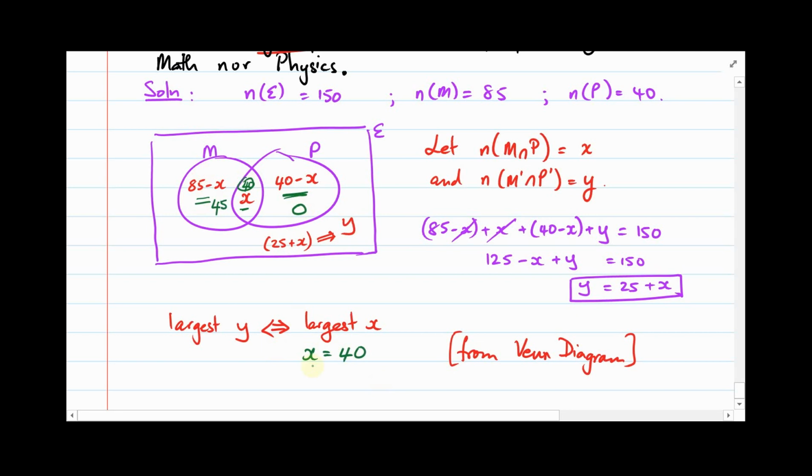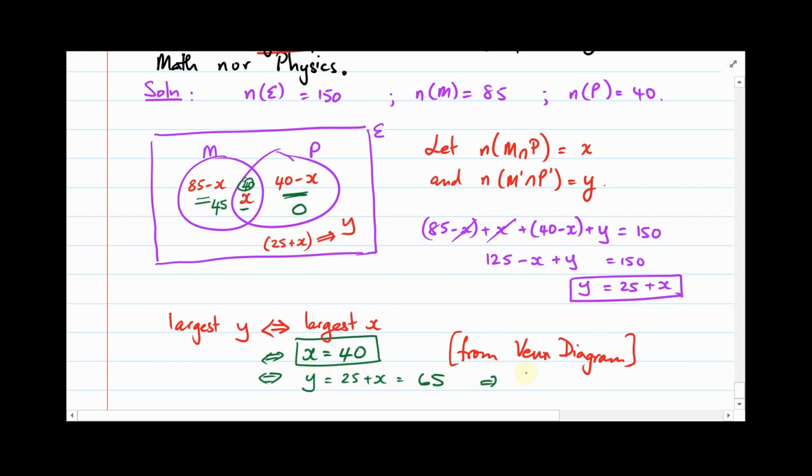So having the largest x, which is 40, implies that my y, which is 25 plus x, is now 65. So 65 is the largest possible number of students.